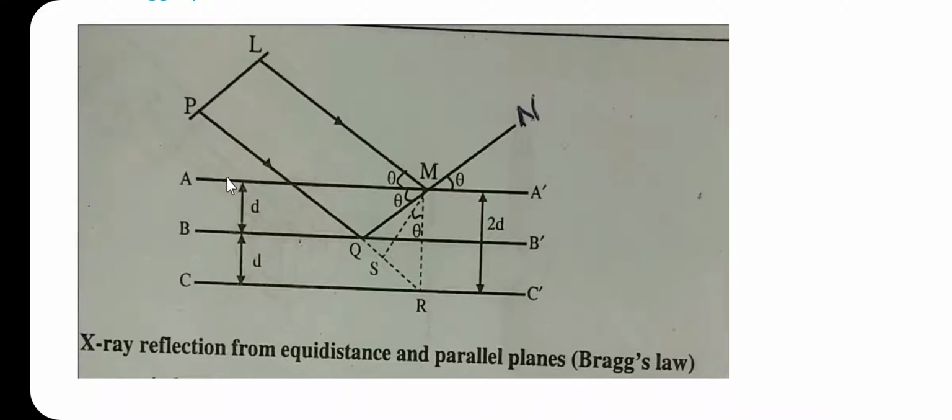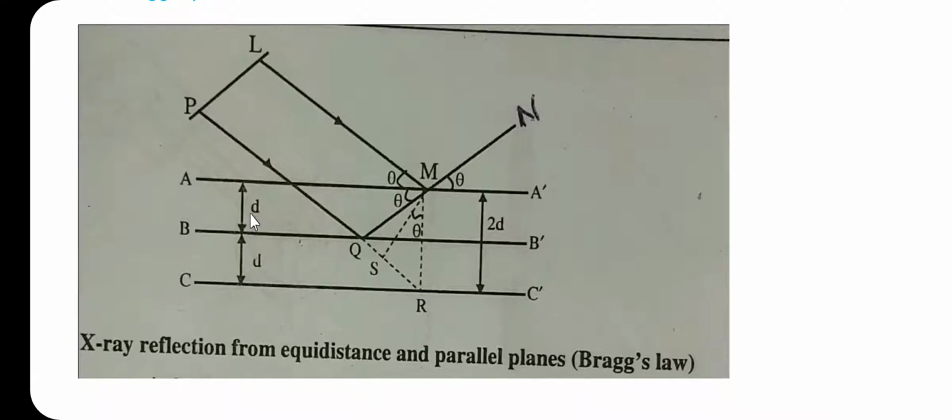Then AA dash, BB dash and CC dash are the equidistant lattice planes, and a parallel beam of monochromatic X-rays is incident on the set of parallel and equidistant lattice planes, that is AA dash, BB dash and CC dash in the crystal structure.